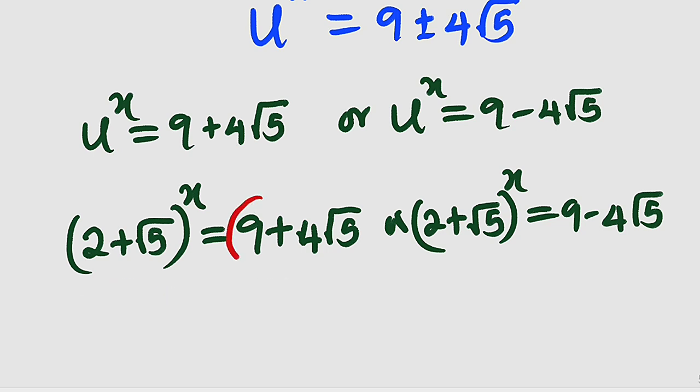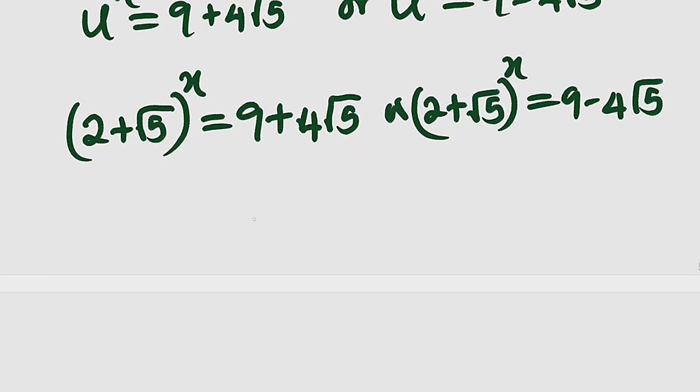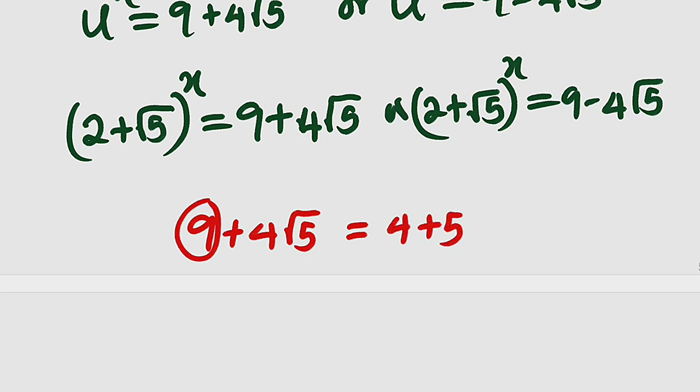Well, I know that I can rewrite this one in terms of 2 plus root 5. Let me show you. Let me take the expression 9 plus 4 root 5 to show you how to simplify that. This is the same thing as what? 4 plus 5 for 9, right? And this 4 can be expressed as 2 multiplied by 2, then root 5.